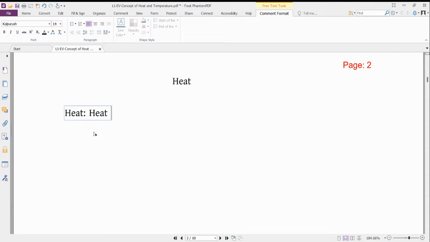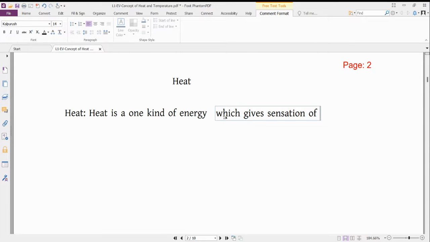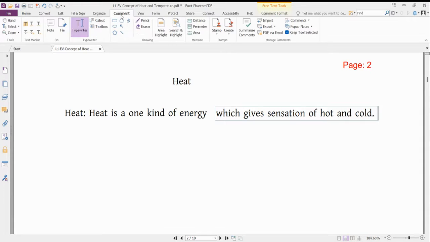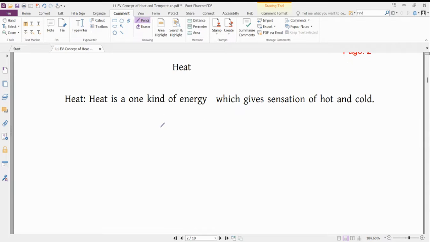Heat is one kind of energy which gives the sensation of hot and cold. That means the important thing first is that heat is energy, and the last thing is that it gives the sensation of hot and cold.